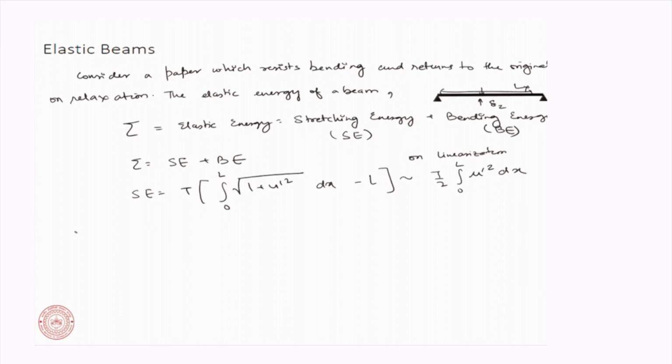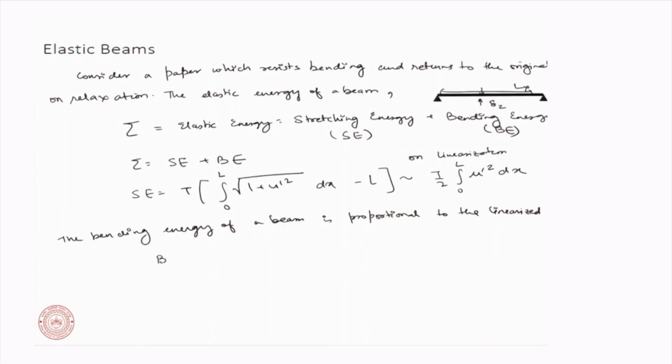Okay. The bending energy of a beam is proportional to the linearized curvature. So, as the beam would bend, it creates a curvature along the central line, and that curvature's change when it is linearized is proportional to the bending energy.